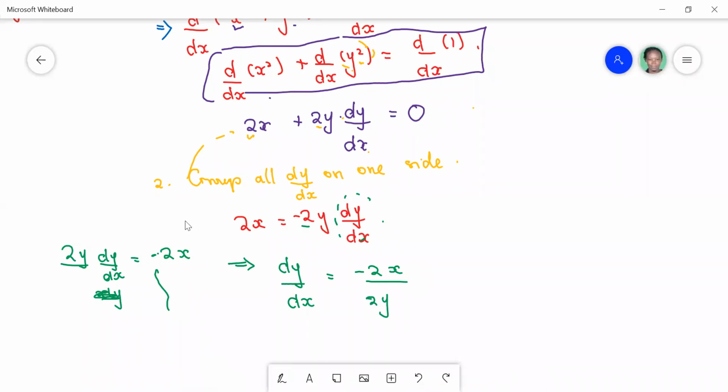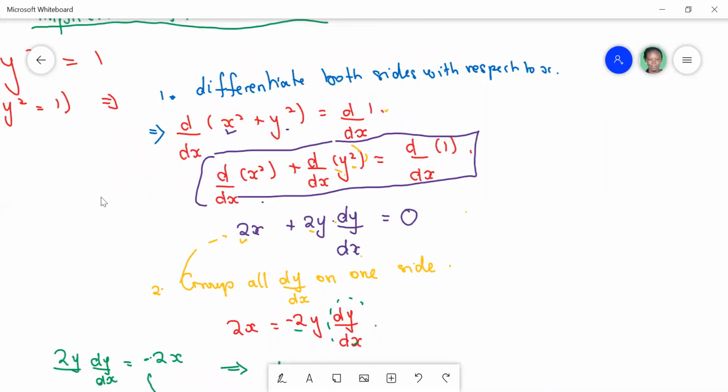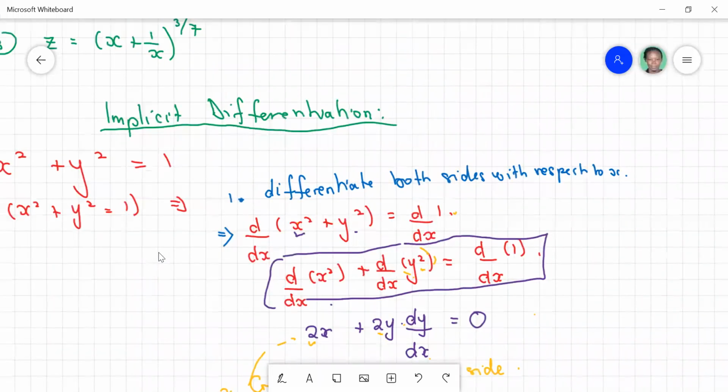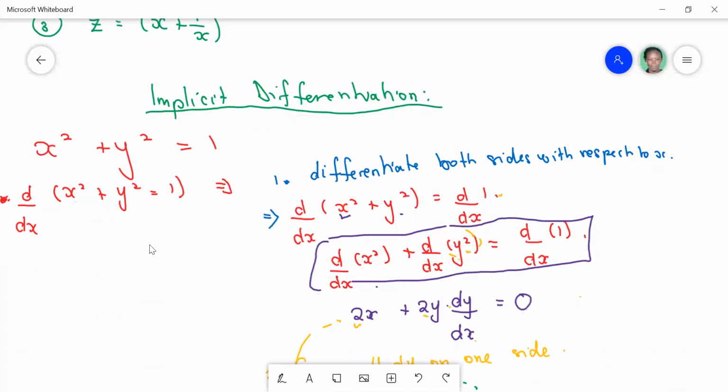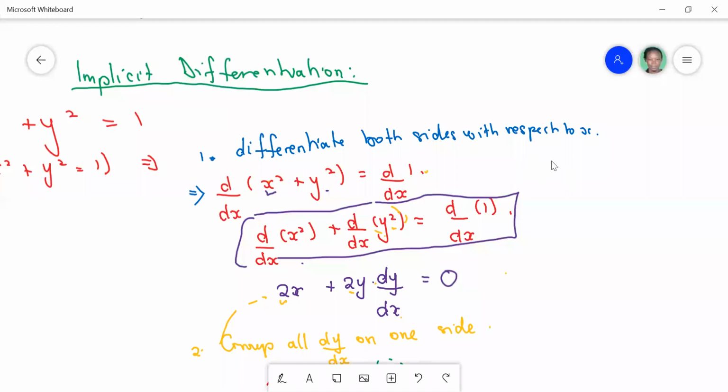So let me go back again. The first thing says: differentiate both sides with respect to x. So for each term, we differentiate with respect to x.